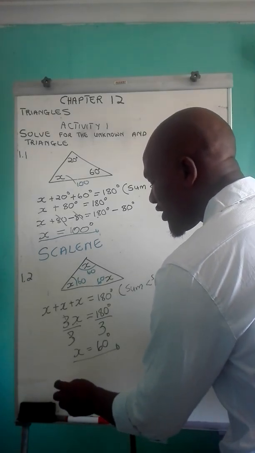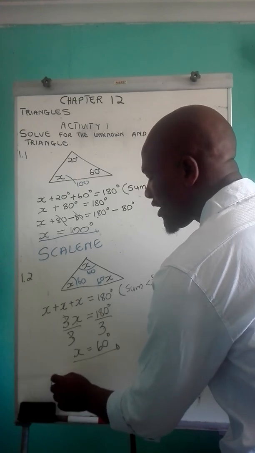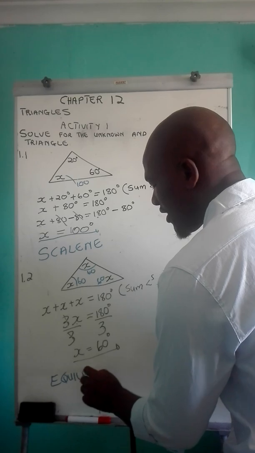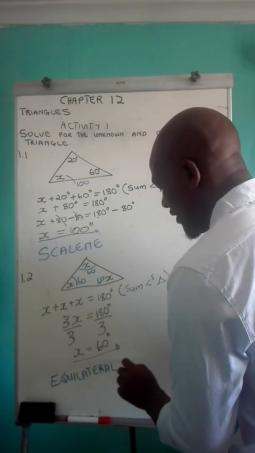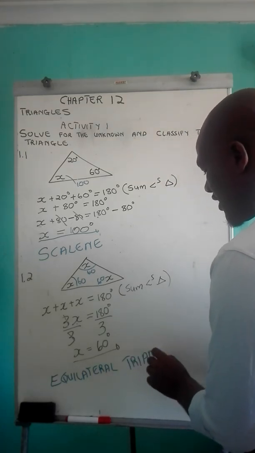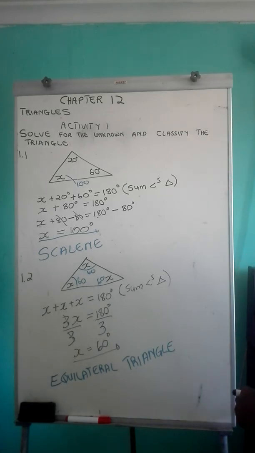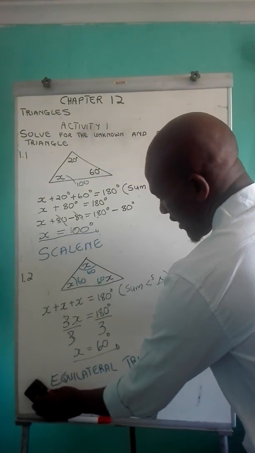And when we want to classify it, we call it an equilateral triangle, because all angles are equal. It's equilateral.